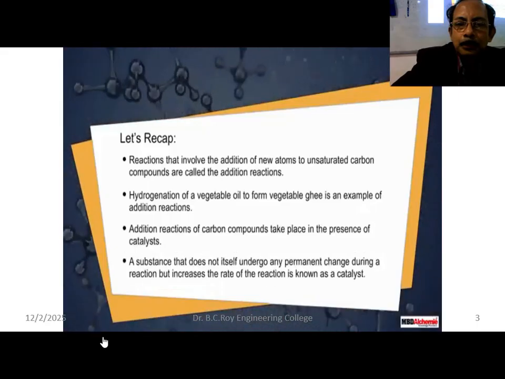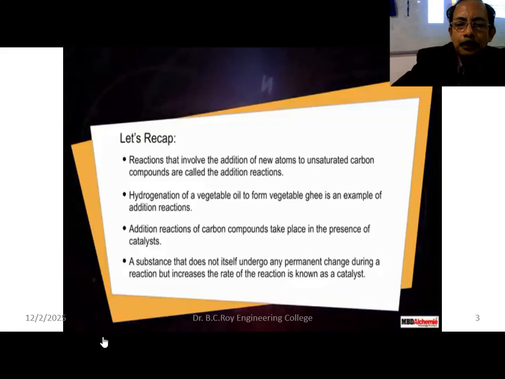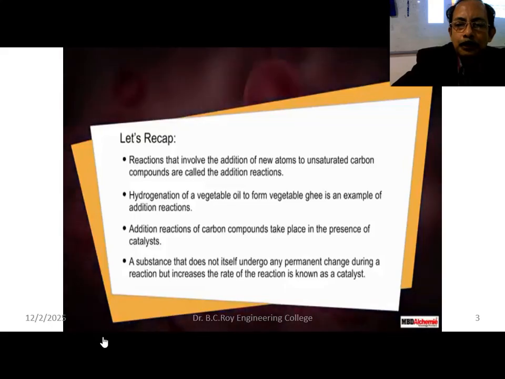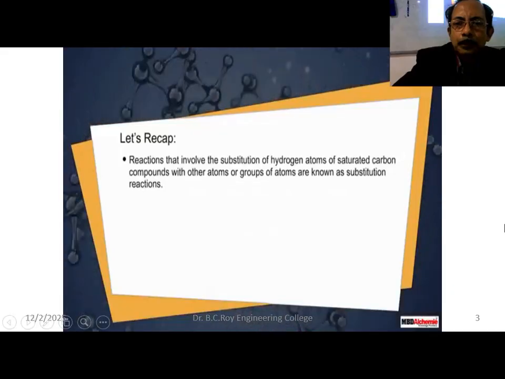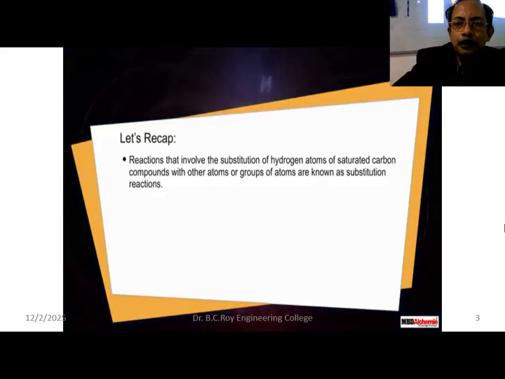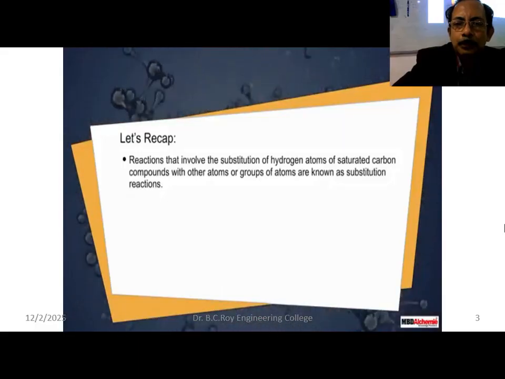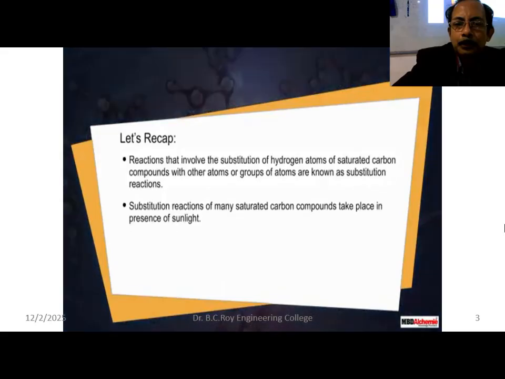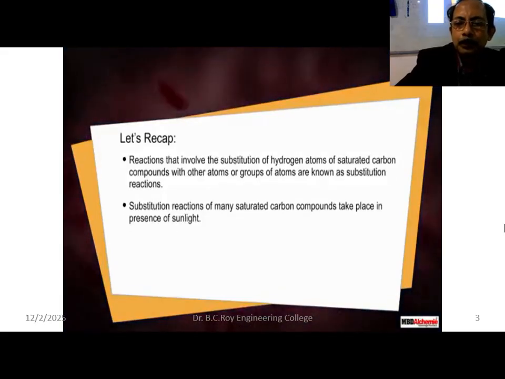A substance that does not itself undergo any permanent change during the reaction but increases the rate of the reaction is known as a catalyst. The reactions that involve the substitution of hydrogen atoms of saturated carbon compounds with other atoms or groups of atoms are known as substitution reactions. Substitution reactions of many saturated carbon compounds take place in the presence of sunlight.